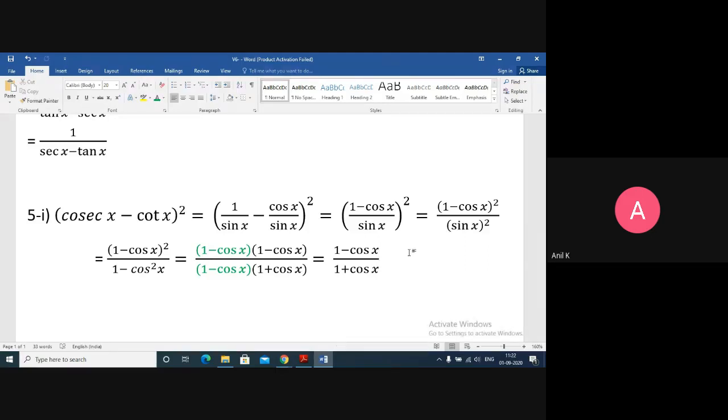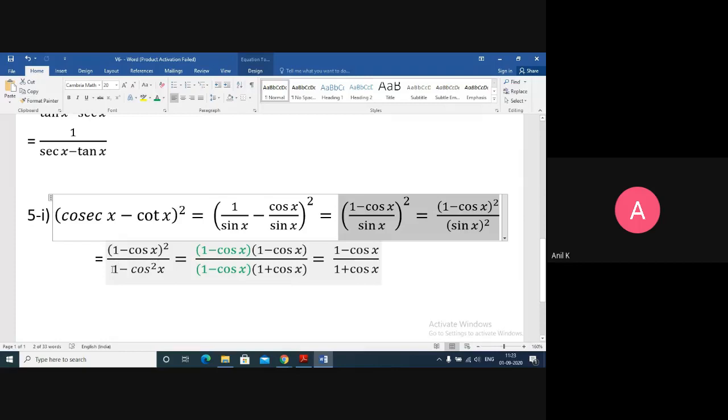Okay. Use the relation cosec as 1 by sine and cot as cos by sine. After that I use purely algebraic formulas. From here to here, I use the first formula: a upon b whole square as a square upon b square. That is one algebraic formula.